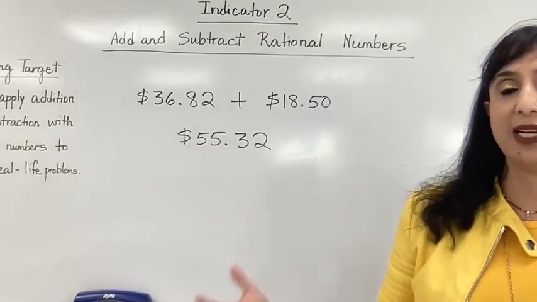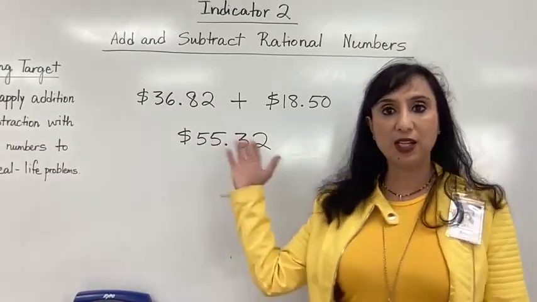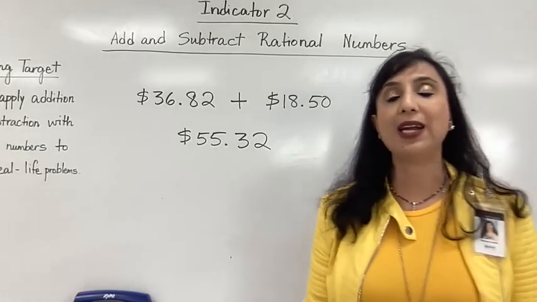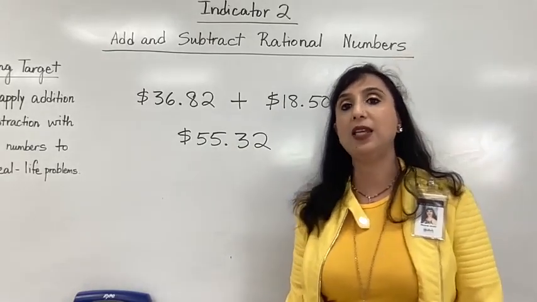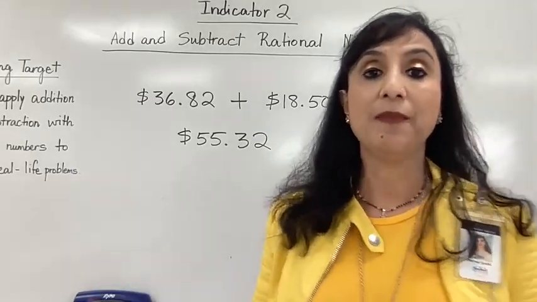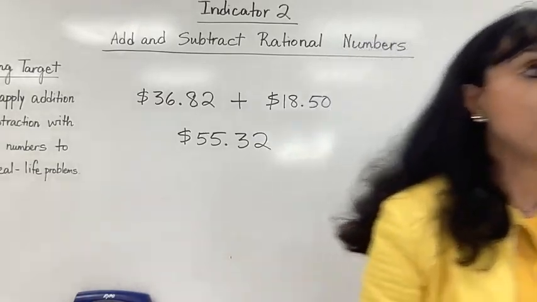Okay, so basically whenever you're solving problems, you're finding the total. That is addition over here, where total obviously means sum. All right, and then the additive inverse would be the opposite of what I have, which would be -55 and 32/100.